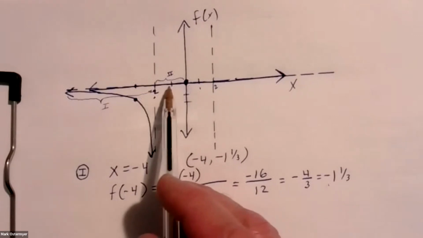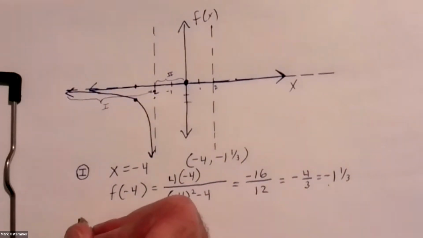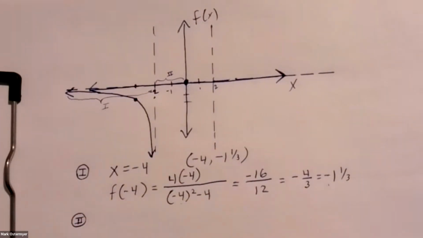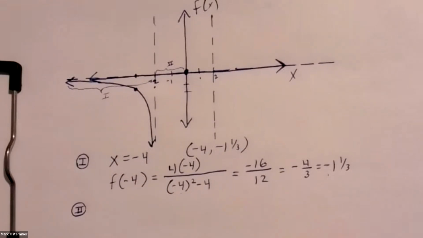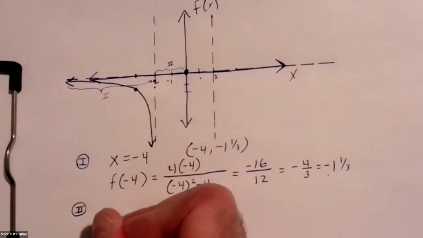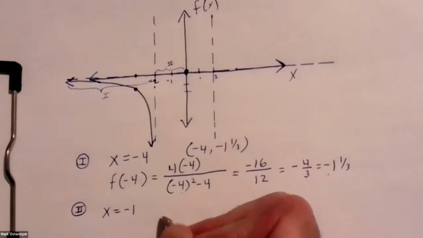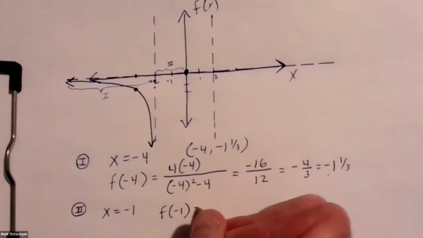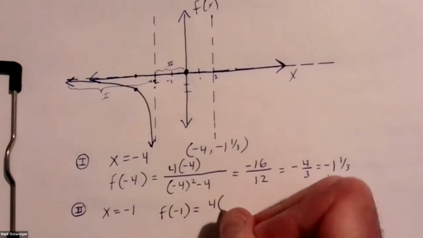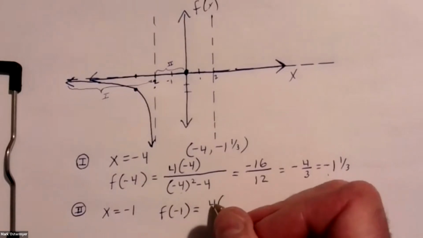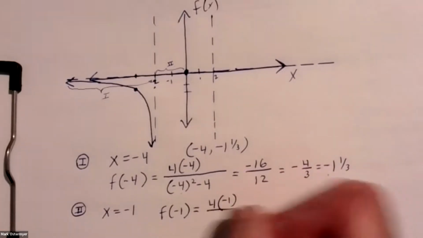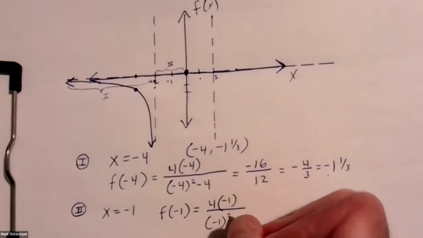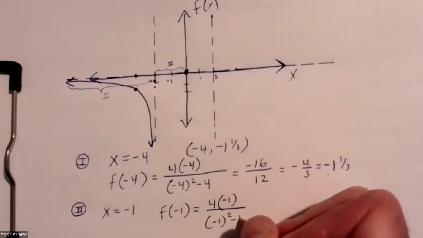Give me some nice value between 0 and -2. Although you can go with a messy decimal fraction, why do that when you can choose x equals -1? Let's put -1 into our function, the original rational function. So I throw -1 in wherever I see x, and then I evaluate to see where this graph is.